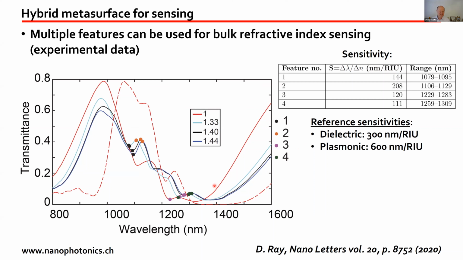The different features have different sensitivity, as we see here, but the most sensitive is number 2 and has a sensitivity of 200. So it means that if we change the refractive index of the background by 1, the shift of the wavelength will be 200 nanometer.